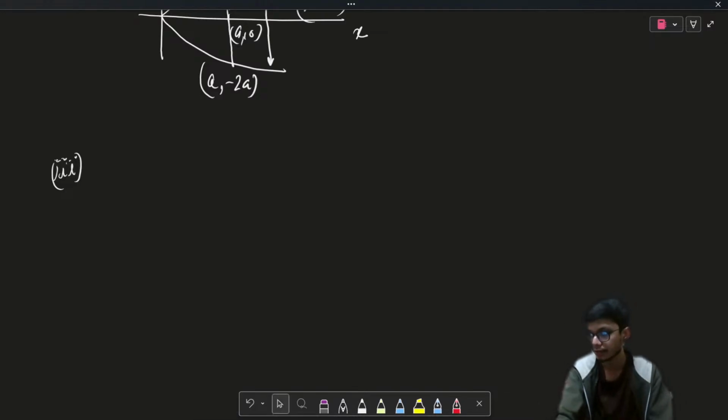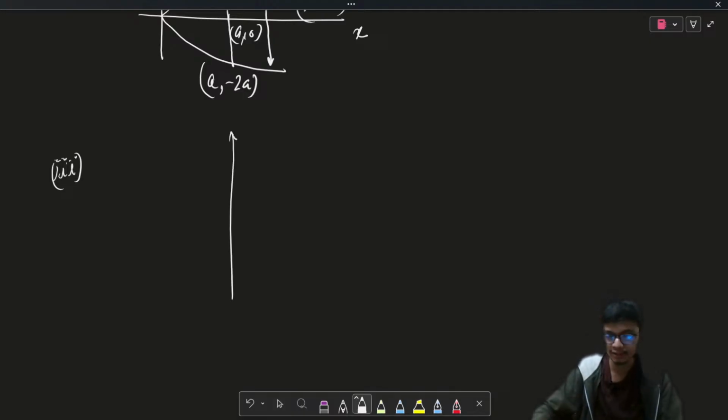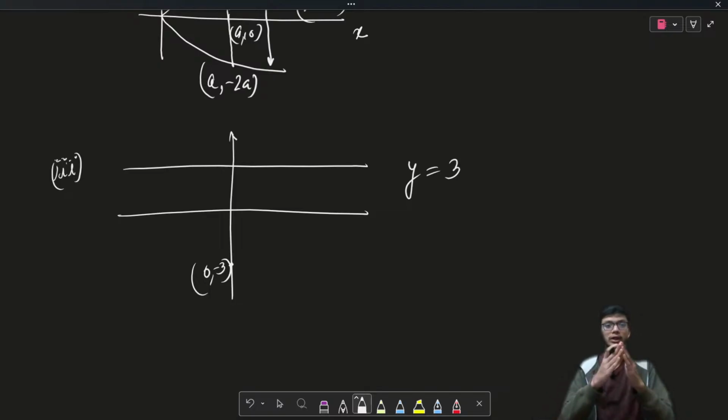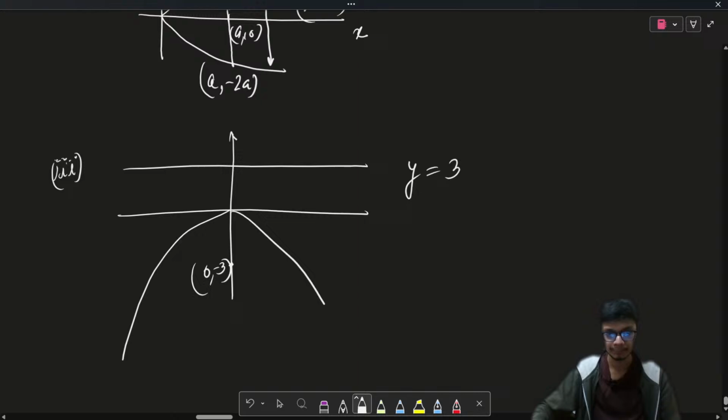In the case of our parabola, the directrix is given as y is equal to 3, which is this line. It is also mentioned that the focus of this parabola is at (0, minus 3). So this parabola is going to be oriented towards the negative y direction, something like this.